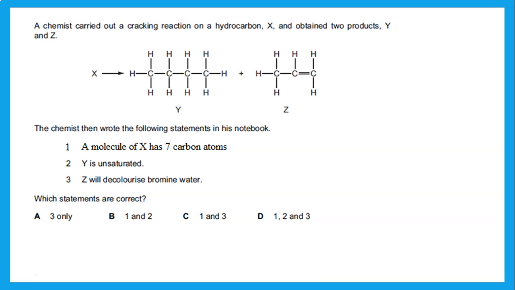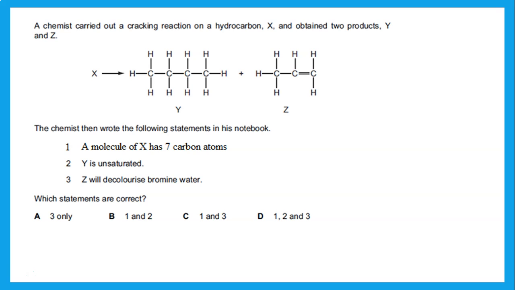A chemist carried out a cracking reaction on a hydrocarbon and obtained two products, Y and Z. The chemist then wrote the following statements. Which of these statements are correct? Remember we said if we have X, that is an alkane, it's a long chain, and I'm going to break it up.